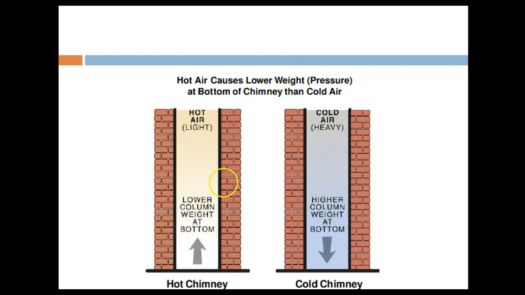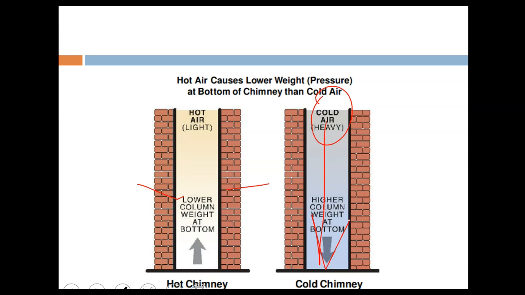Chimneys, hot chimney and cold chimney. In a hot chimney, the hot air will rise and pull in anything with it from any of these cracks that you see in here. In cold time, when the chimney is cold, the air is very heavy inside the chimney and it sinks to the bottom.